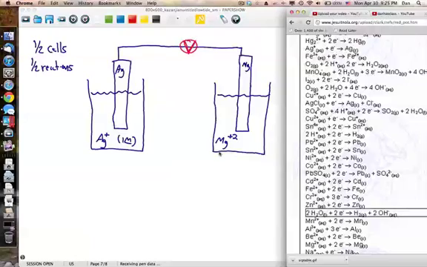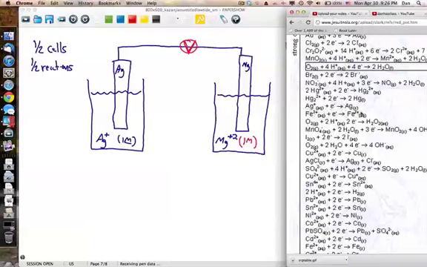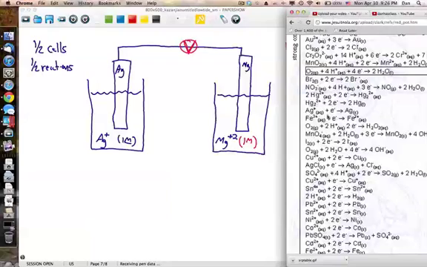If you go into the lab and set up these two solutions, again, everything under standard state, this will be equal to the E1/2 of the oxidation plus the E1/2 of the reduction. Now we can look at this system and we see that the silver will be our reduction preferentially.